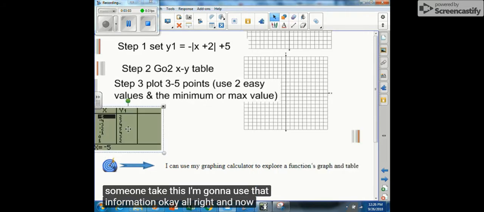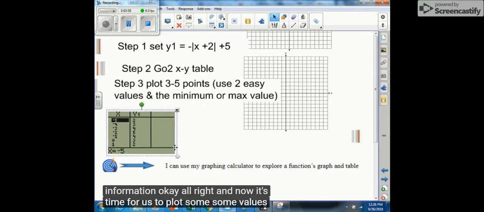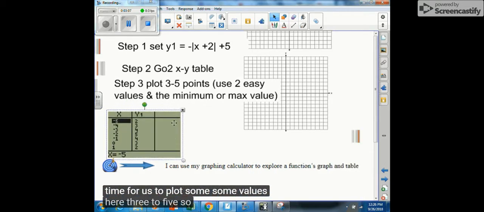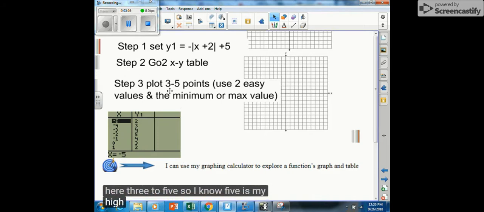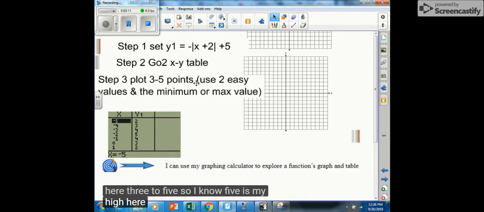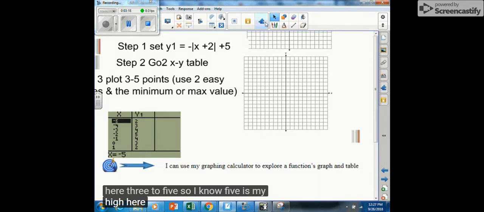And now it's time for us to plot some values here. 3 to 5. So I know 5 is my high. So let's go here. I'm going over -2, 5. 1, 2, up 5. 1, 2, 3, 4, 5. I'm going to plot it right there.